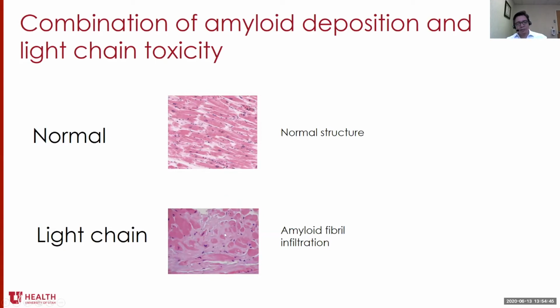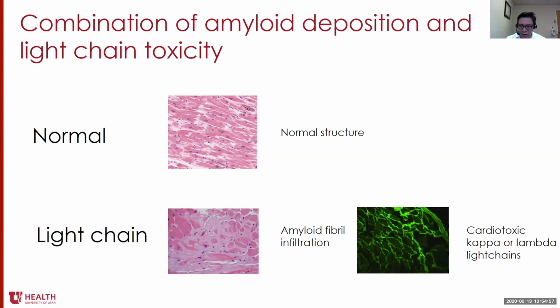This is common for both light chain amyloidosis and TTR amyloidosis, transthyretin. But patients with light chain amyloidosis, unfortunately, also have the heart muscle affected by these light chains that have not deposited yet. They have not transformed yet into amyloid.